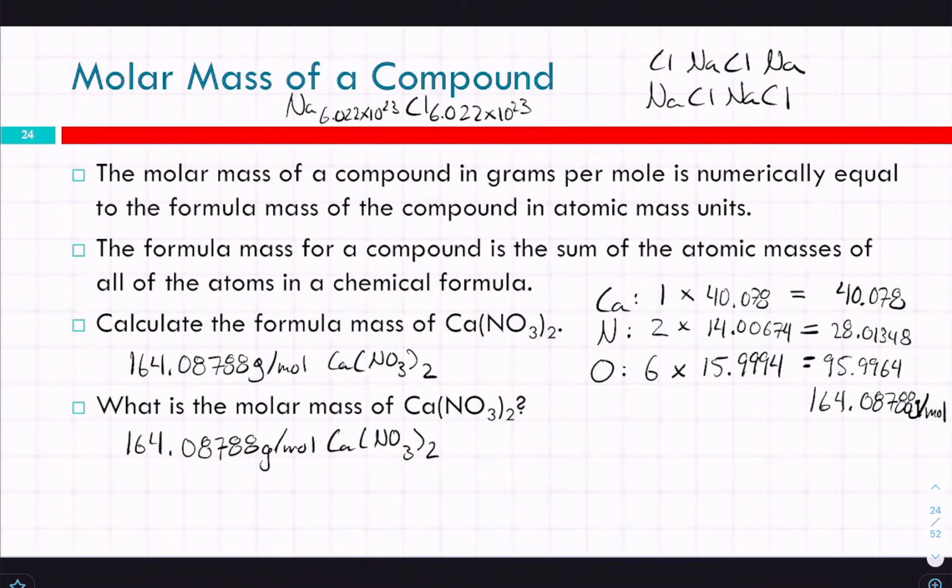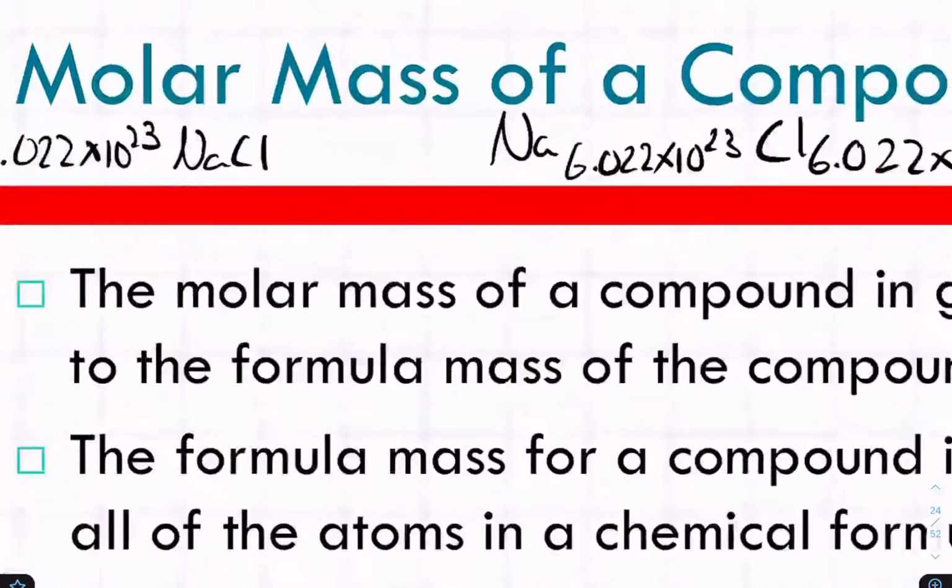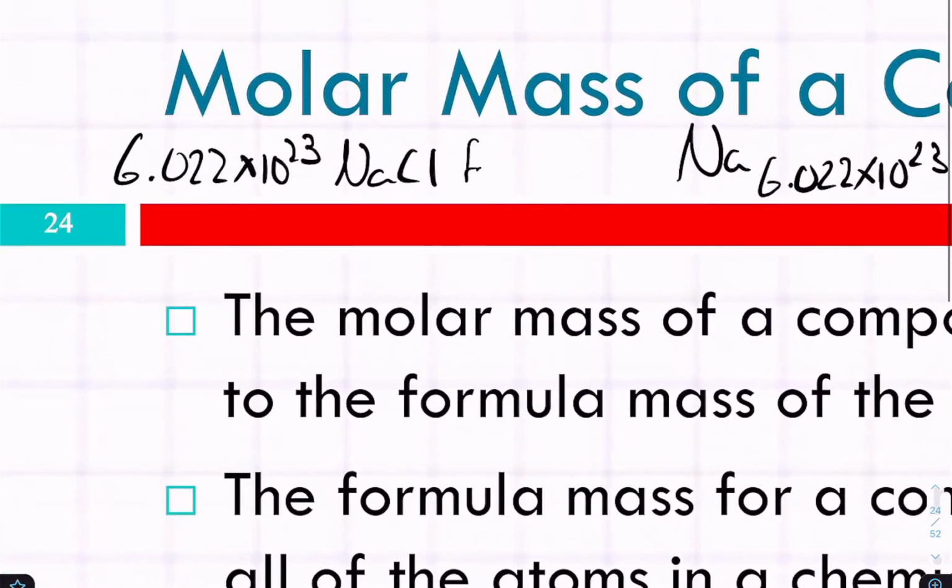It's a different way of counting them. Instead of saying each one, there's 1 mole of each, we would just say 6.022 times 10 to the 23 NaCl formula units.